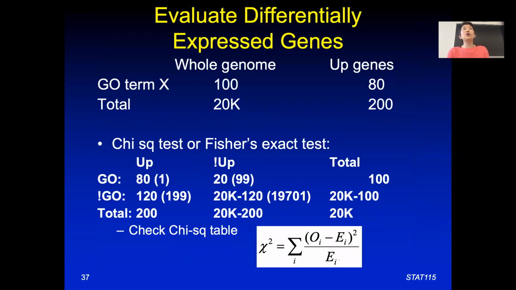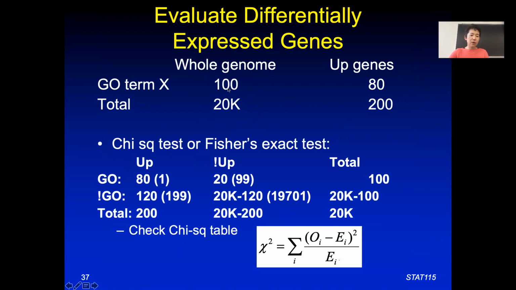Yeah, so how do we use it to really annotate some, say, gene expression clusters or differentially expressed genes? You can imagine the situation. Supposedly, on the whole genome, we have 20,000 genes for this microarray, and 200 genes are upregulated.